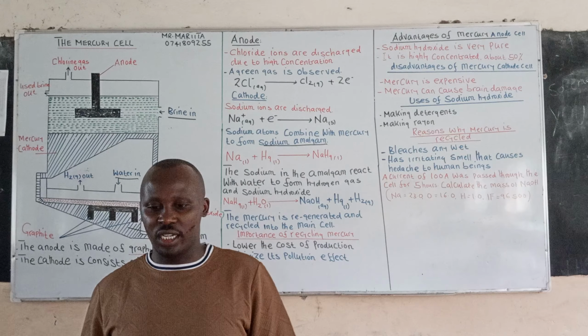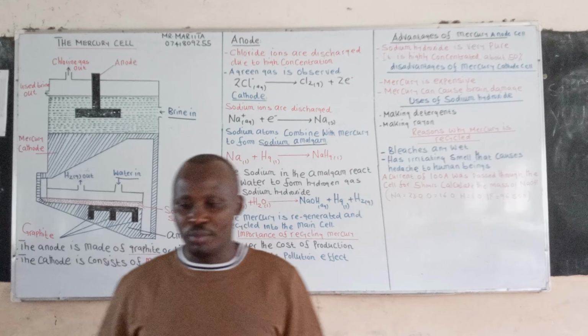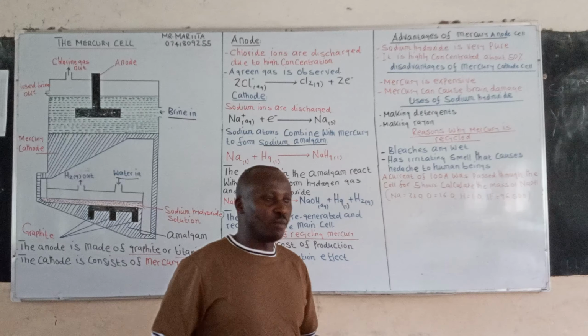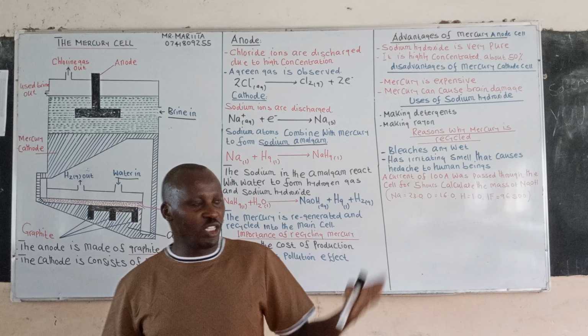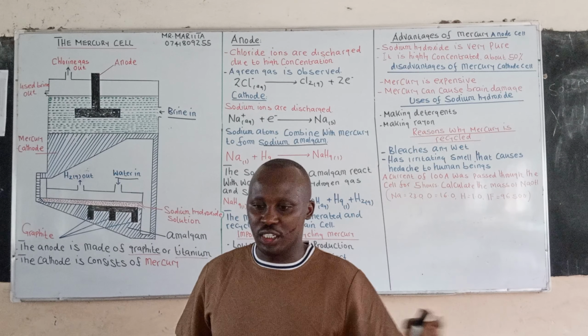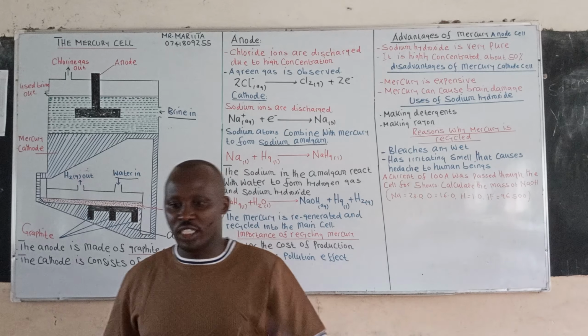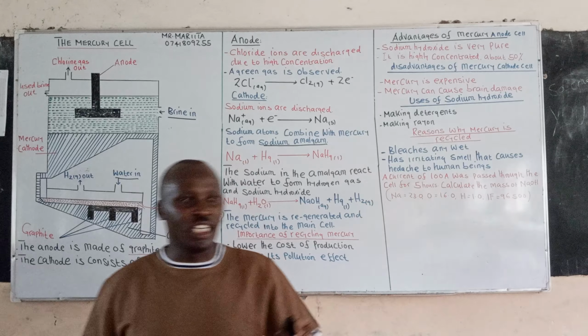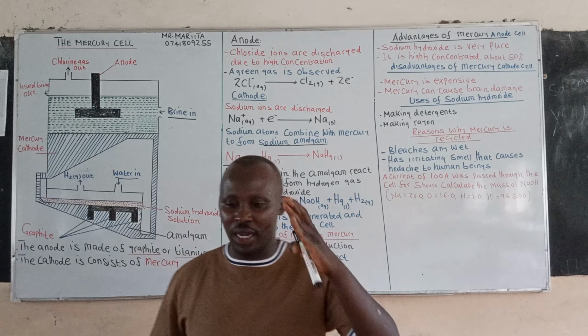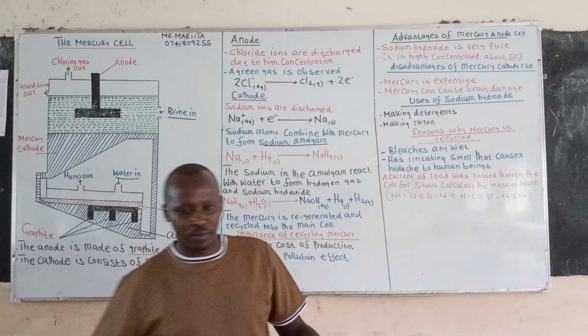Chlorine can be used in the formation of sodium chlorate. The sodium chlorate is normally used in bleaching in the paper industry.